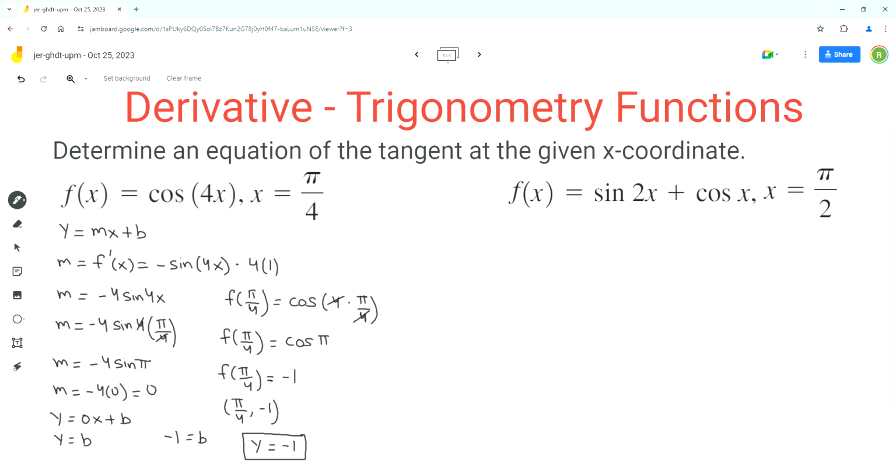Now we can analyze the second function. f of x equals sine 2x plus cos x, and x is given as pi over 2. So we'll start with the general equation of a straight line. So we can find the slope of the tangent by finding the derivative of this function and subbing in x as pi over 2 in the derivative.